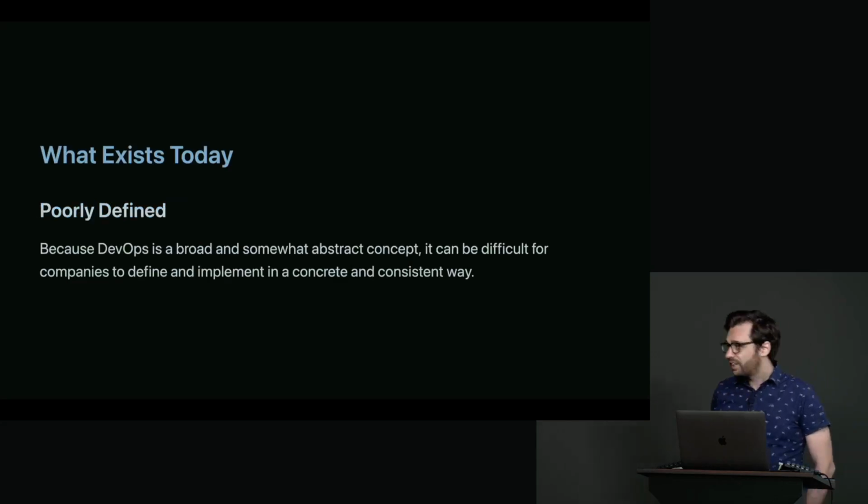First off, as we started our course, DevOps is poorly defined right now in the industry. Because DevOps is a broad and somewhat abstract concept, it is difficult for companies to define and implement it in a concrete and consistent way. Everybody's got an opinion on it, and depending on who you talk to, what company you're looking at, the way that they handle DevOps is sometimes entirely different.